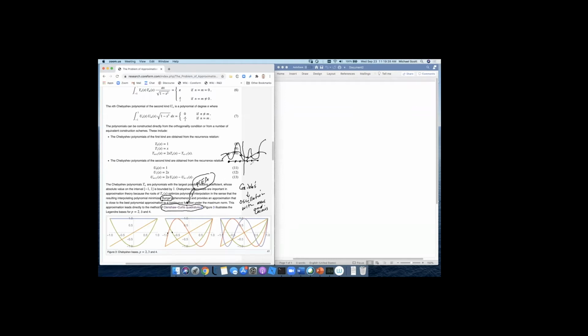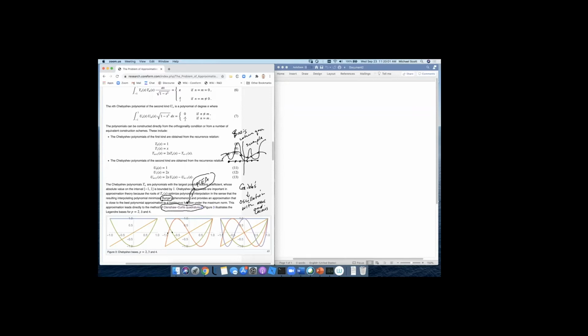So, Curtis, to answer your question, it's difficult to answer because not only is it the basis, but it's also where you sample that will determine the resulting conditioning. When you say where you sample, you're referring specifically to quadrature? Yeah, that's one way of thinking about sample points.